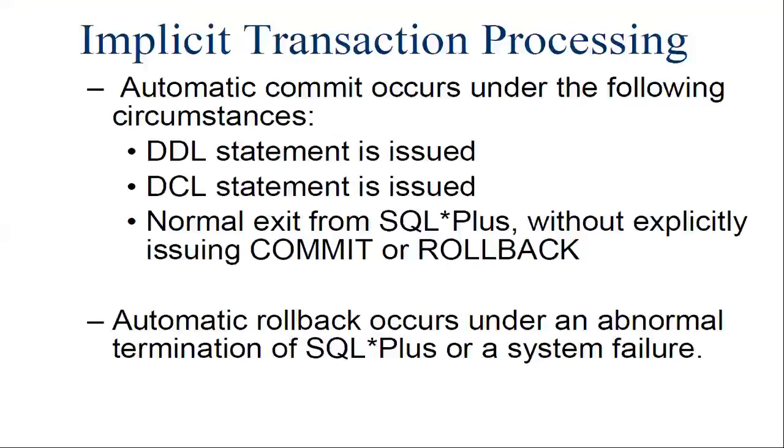Automatic commit occurs under the following circumstances: when DDL and DCL statements are used. If you are using mostly DML related commands, then you have to do it explicitly. That's what we talked about already, what is implicit and what is explicit. The implicit transaction statements we generally see are data definition language and data control language.